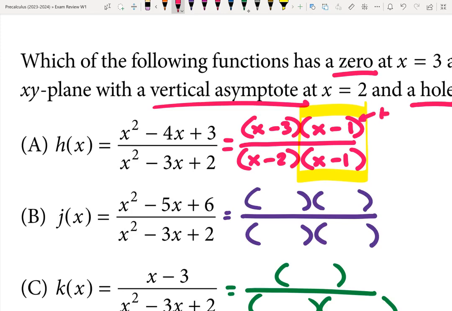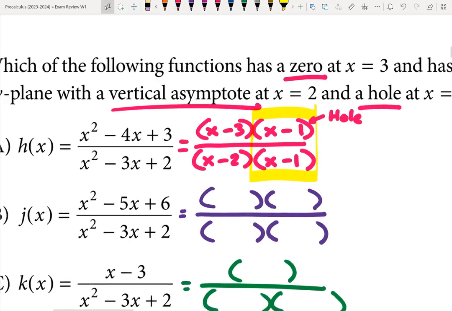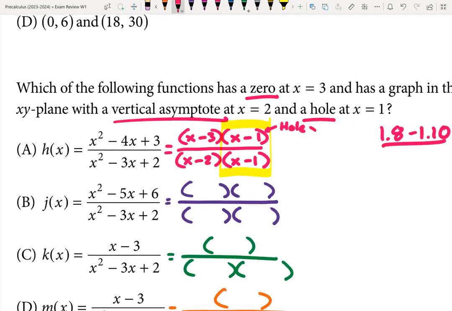That is going to give us a hole. Okay? What is the hole? 1. Remember, if we were to solve it, the hole is x equals 1. Does that match with what they're asking for? Okay, so far A is good. How do we determine a vertical asymptote? The bottom equals 0, whatever is not the same.